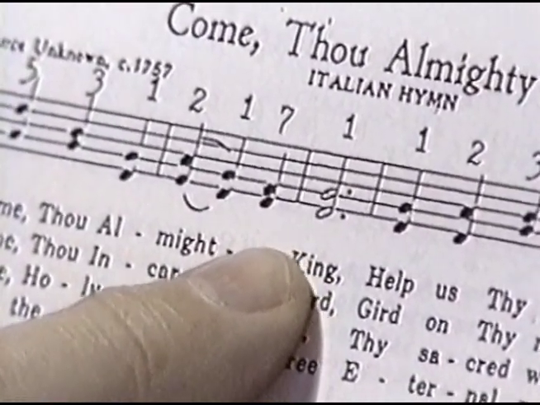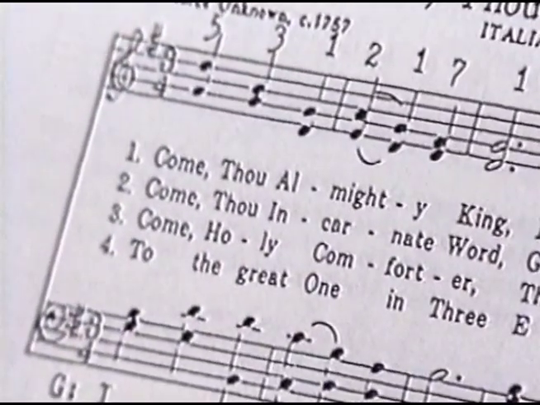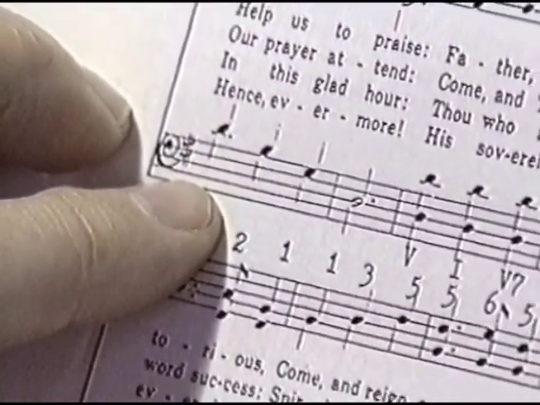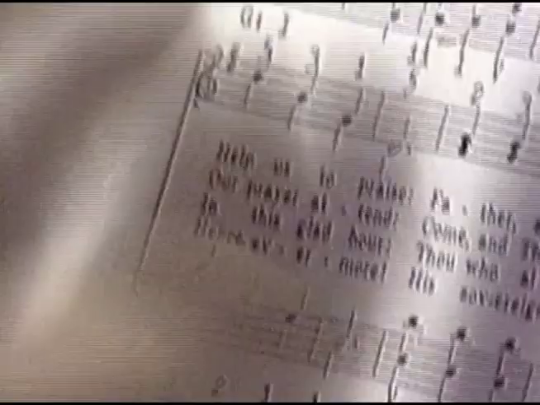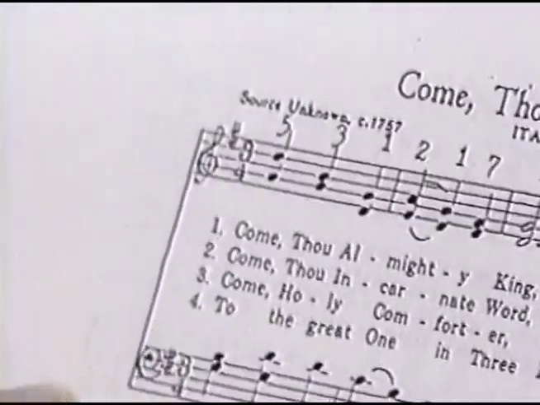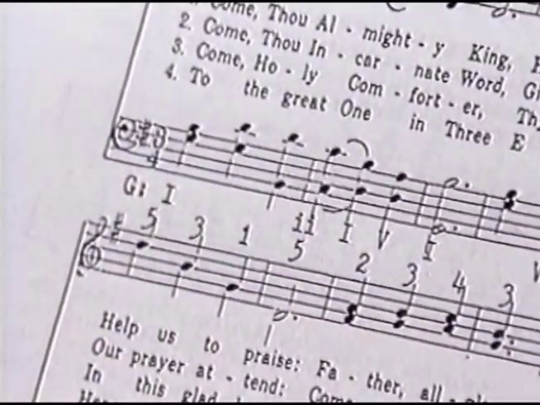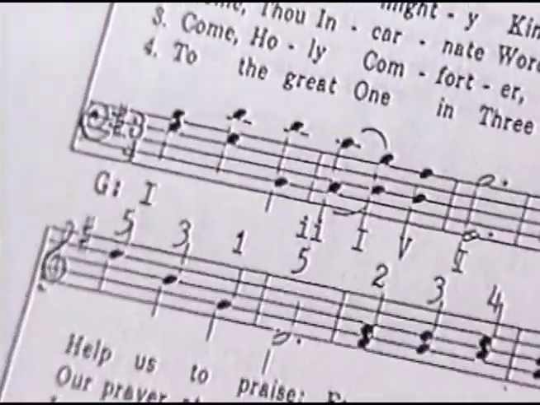Or in B flat, 5, 3, 1, 2, 1, 7, 1. So working out the melody that way and working out the chords according to the Roman numerals given, we can play that in any key that we want.